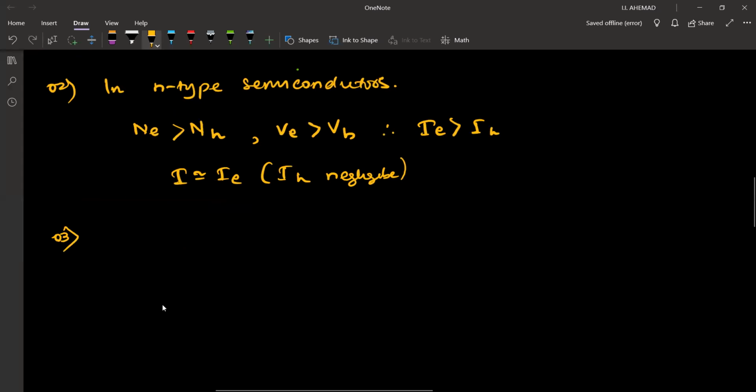Third, N-type semiconductor is shown in diagrams as follows.